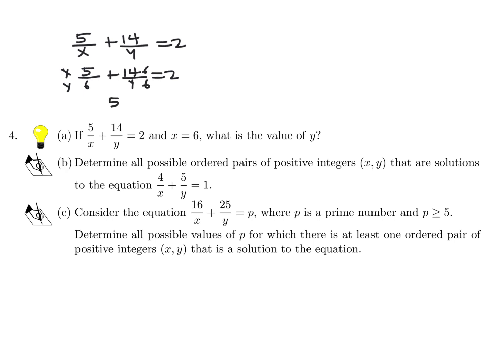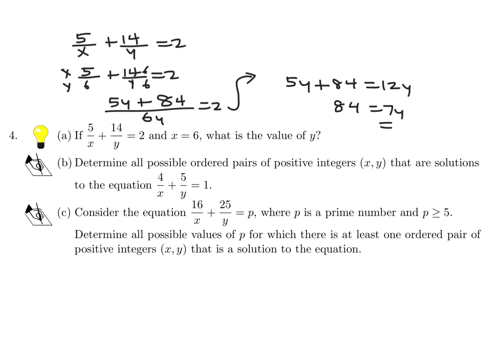So that's going to be 5y plus 6 times 14, which I believe is 84, all over 6y is 2. So cross multiplying, we get 5y plus 84 is equal to 12y, and therefore 84 is equal to 7y, and therefore y is equal to 12.